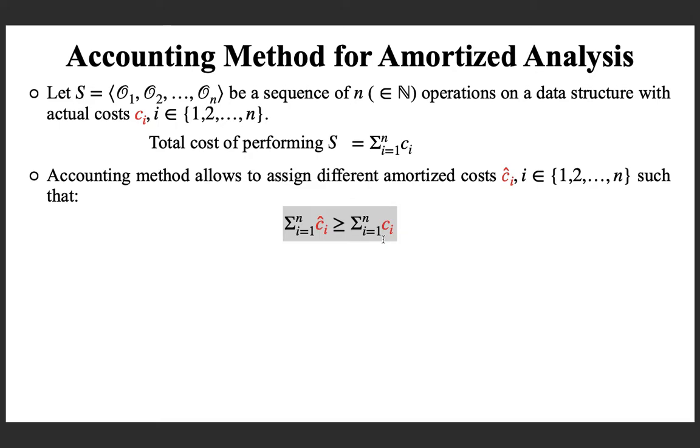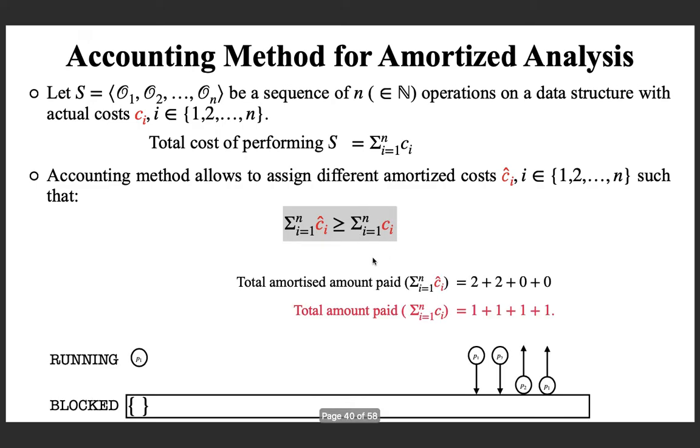Okay. If you perform a sequence of n operations, what is the total actual cost, which is the RHS, and you can assign amortized cost for each operation from 1 to n such that the total amortized cost is greater than or equal to the total actual cost.